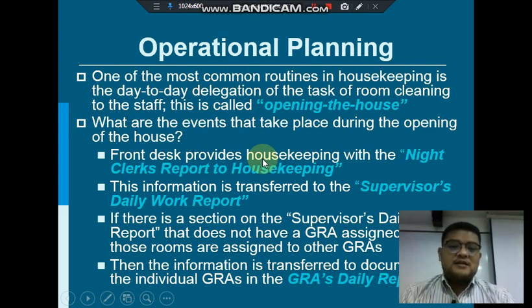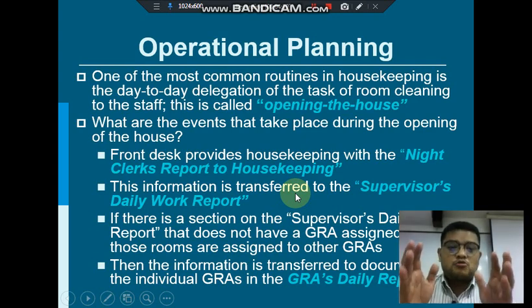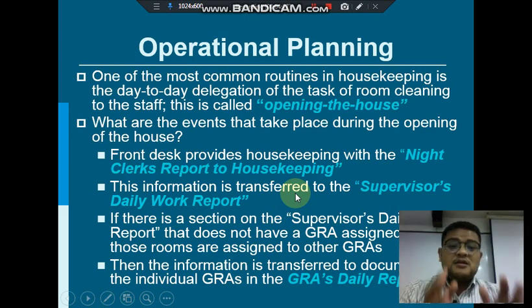So these night clerk reports later will be transferred into what they call the supervisor daily work report, in which you will list down, based on the status you get from the front office, the rooms with status and assign the rooms to your employees.